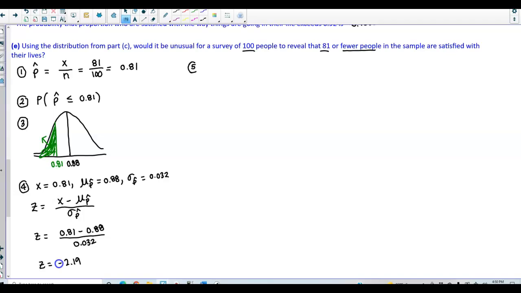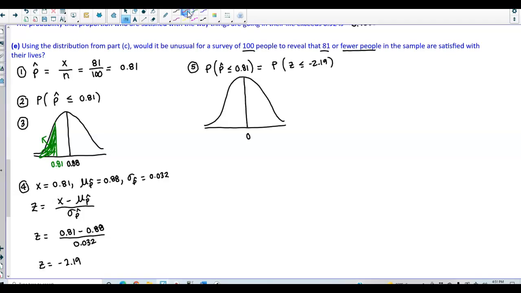So now in order to find the probability of the population proportion being less than or equal to 0.81, which is the same as finding the probability that the z-score is less than or equal to negative 2.19, if we draw our picture, we know now that our mean is 0, and we want to find the area that's to the left of the z-score of negative 2.19.